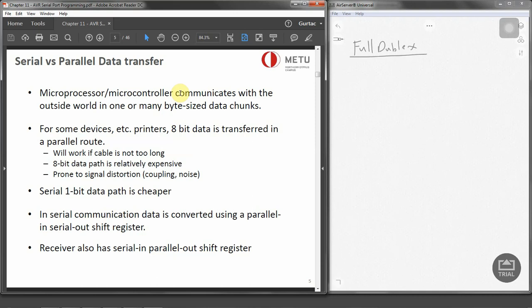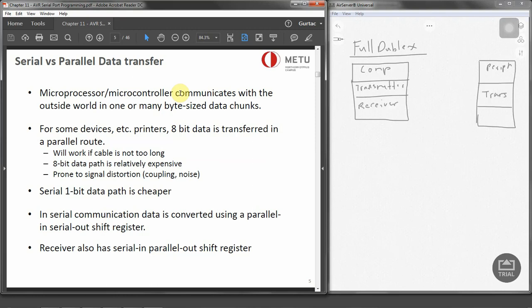With the full duplex, again, we have got the computer, and we have got the peripherals, transmitter, receiver, and on the other side we have got the transmitter and receiver.